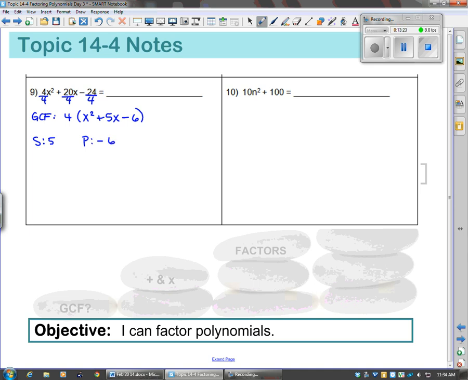I need two numbers that add to equal positive 5 and multiply to equal negative 6. When you put that on your calculator, you will ultimately find that it's positive 6 and negative 1. So put that into the parentheses, step 4, x plus 6, x minus 1. Please remember to bring your GCF down. If you leave that 4 off, you changed the value.